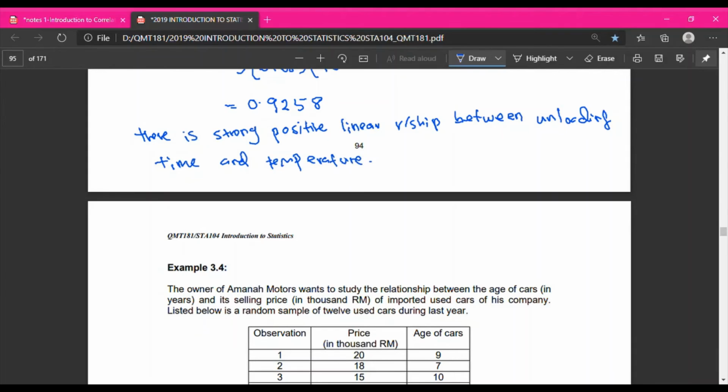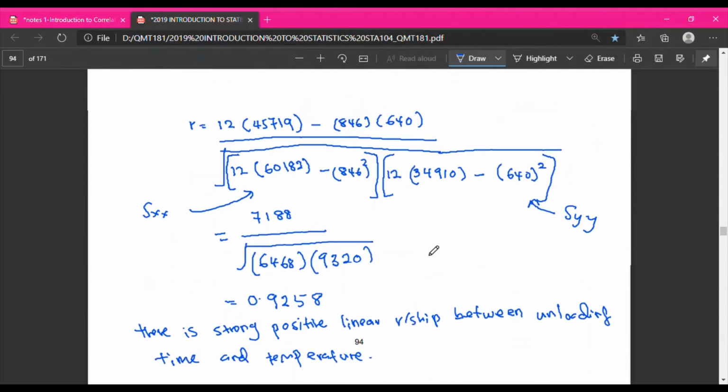So that is the conclusion that you can make from the value of R.